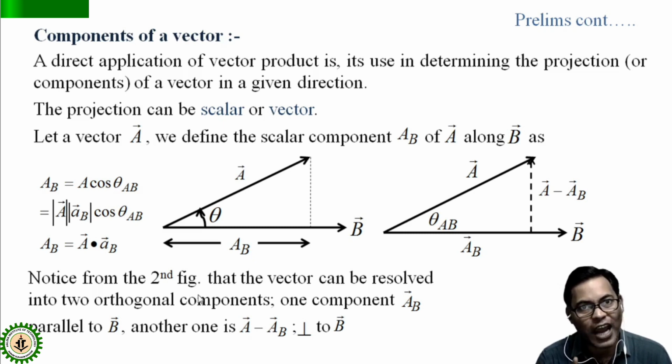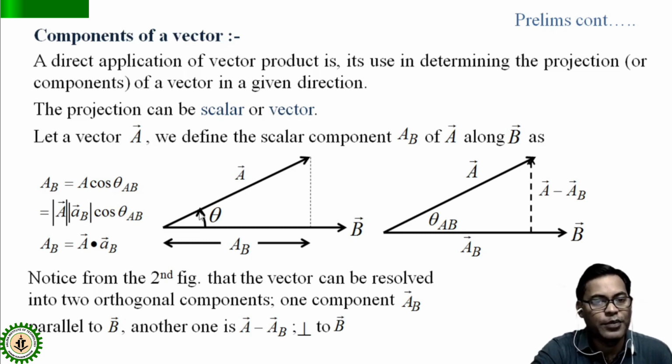That vector r can be resolved into three components, in the x direction, y direction and z direction. But to understand the component of the vector, we are going to consider here the two-dimensional coordinate system.